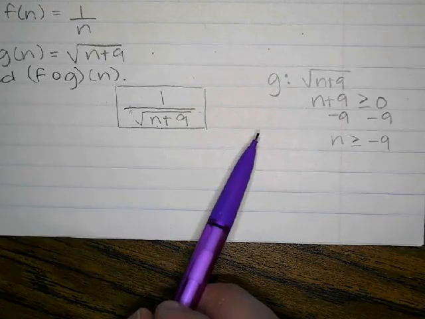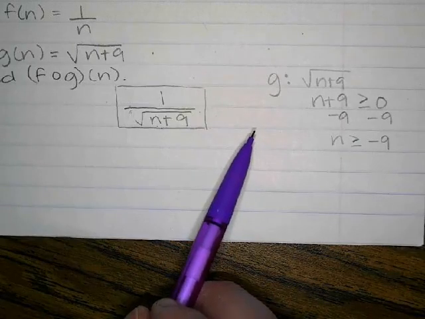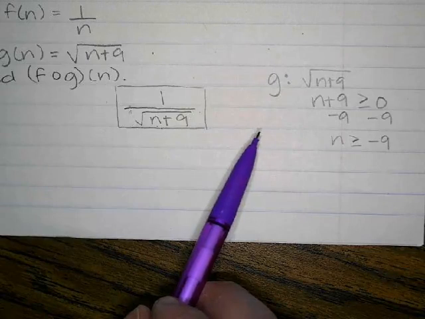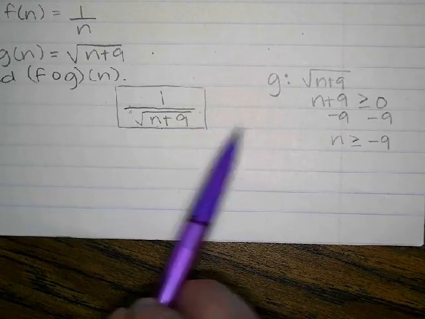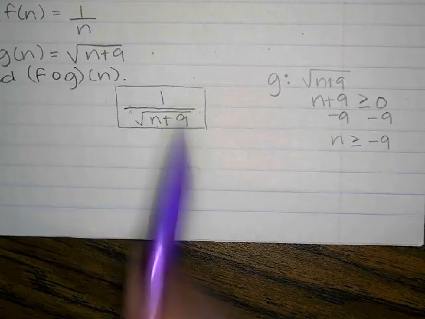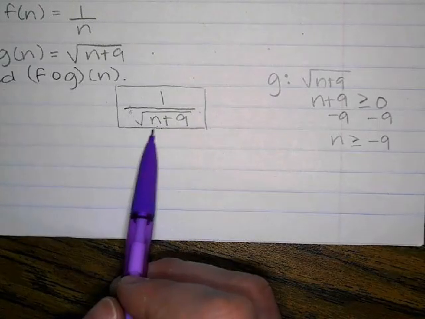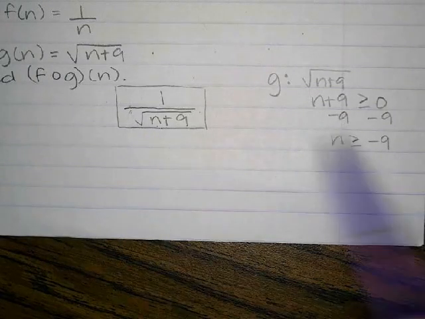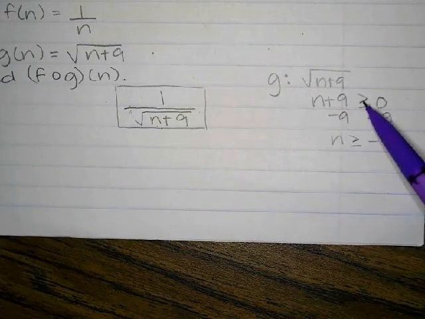Okay, so I know what that means, but I'm not sure that everybody else is tracking with you. Can somebody else rephrase that? We can't divide by 0. So right now, the domain that we have says the n plus 9 is greater than or equal to 0.